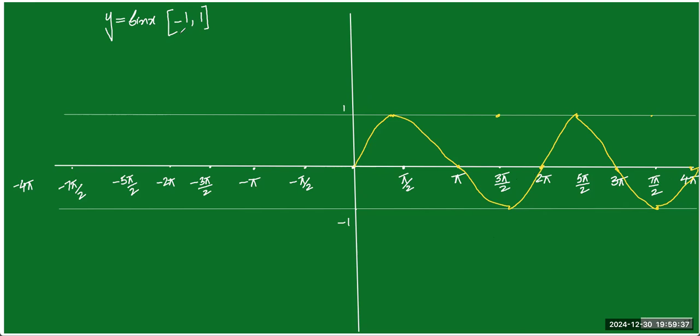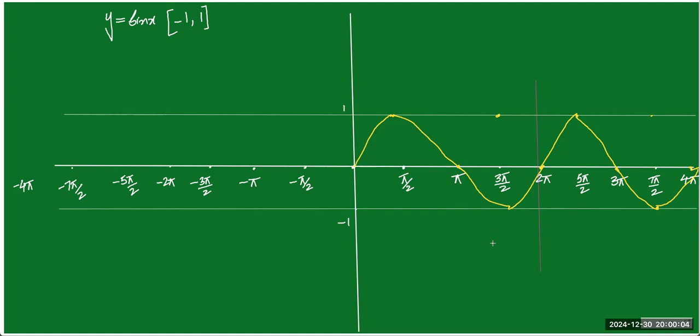Look at after this point 2 pi, the graph will be the same again. 0 to 2 pi will be the same, again 2 pi to 4 pi will be the same, again 4 pi to 8 pi will be the same.